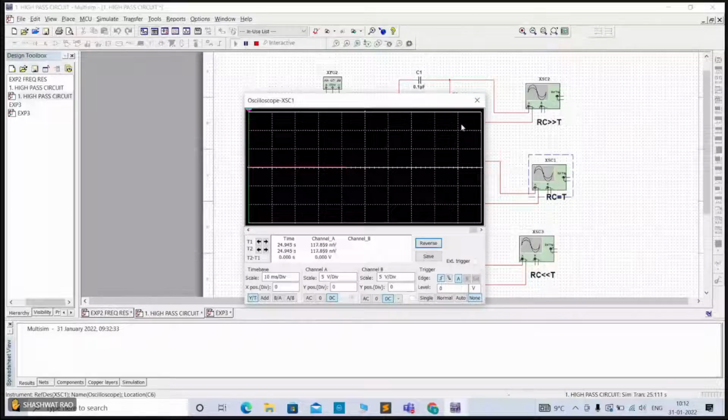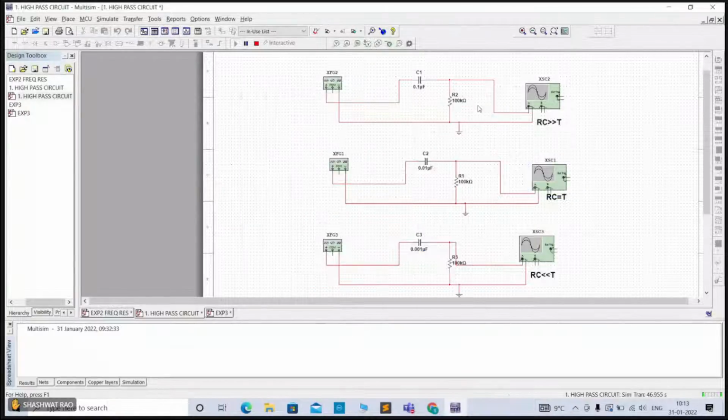Why are you getting this kind of response? This is for RC greater than T. No, ma'am, this is for RC equal to T. For RC greater than T, it will be a wave, it will vary. Okay. Show me for RC greater than T then.